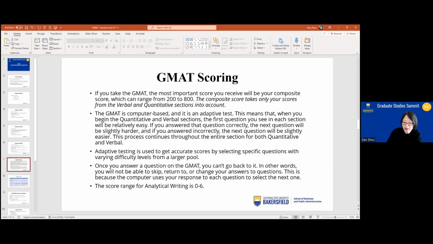Now, the GMAT is computer-based, and it is an adaptive test. What does adaptive test mean? It is used to get an accurate score by selecting specific questions with varying difficulty levels from a larger pool. When you begin the quantitative and verbal reasoning sections, the first question you see in each section will be relatively easy.